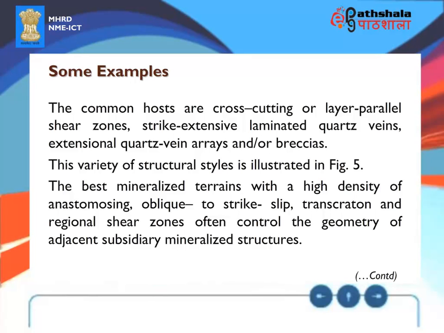The best mineralized terrains with a high density of anastomizing, oblique to strike slip, transcraton and regional shear zones often control the geometry of adjacent subsidiary mineralized structures.